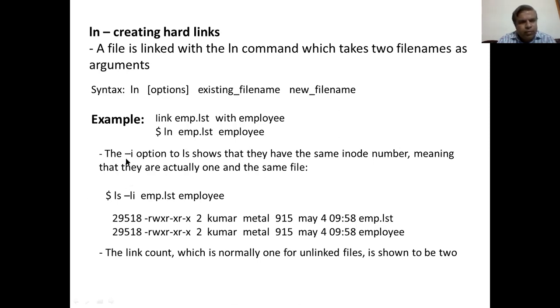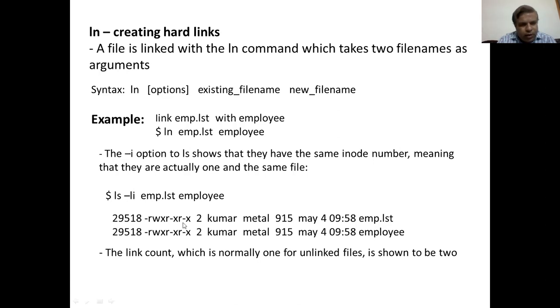Just use the -i option with the ls command. So here is the example. Go to the prompt, type ls -li, then the file names emp.list and employee. Specify both the file names to know the inode number of these files.